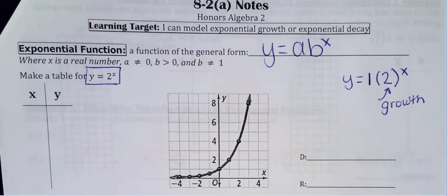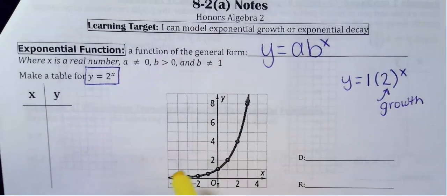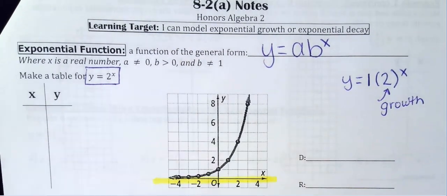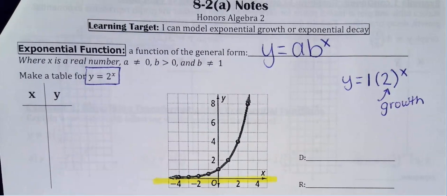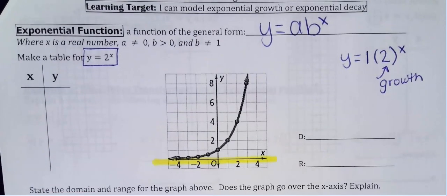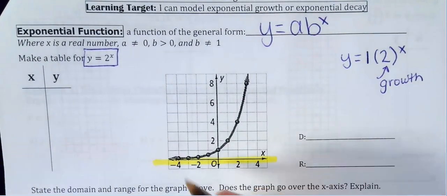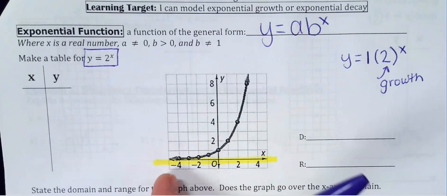But before I do that, I'm just going to highlight the x-axis here really quickly. This gets really close to the x-axis, and I know this is really weird, but it doesn't ever actually become 0. It doesn't ever actually touch the x-axis. Let me explain to you why. So, for example, they've got a point graphed here.